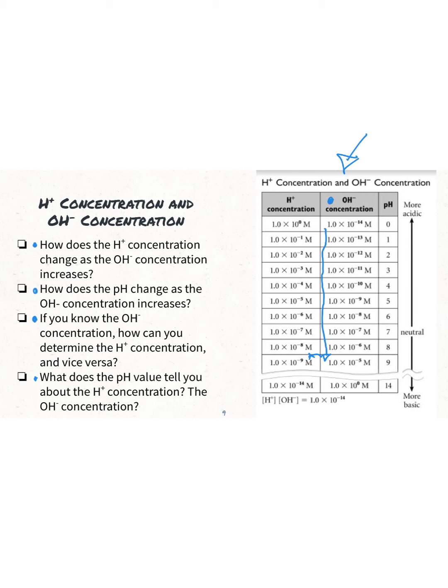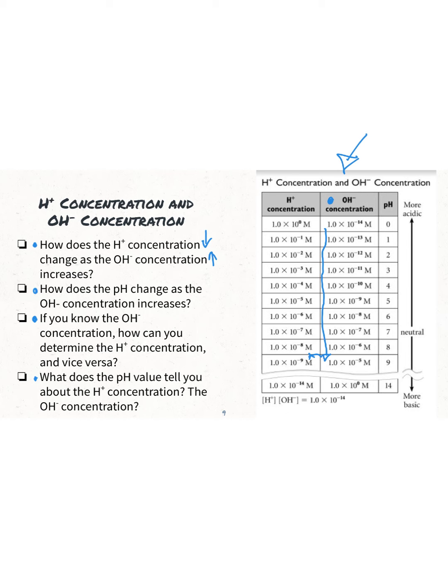Okay, so as the hydroxide concentration got bigger, the H plus concentration got smaller. So as hydroxide increases, the H plus concentration decreases. It's an opposite relationship, an inverse relationship.